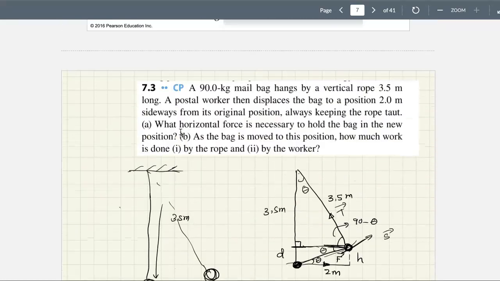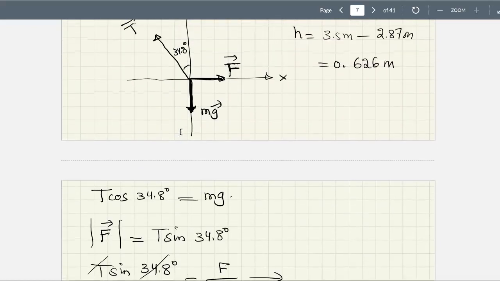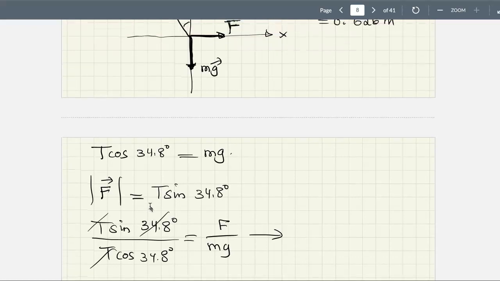Now, the first question is asking what horizontal force is necessary to hold the bag in the new position. Then I need to use Newton's first law. Here I can say T cosine 34.8 should balance mg. This is sigma Fy equals 0. And horizontally, the magnitude of the force should equal T sine 34.8.